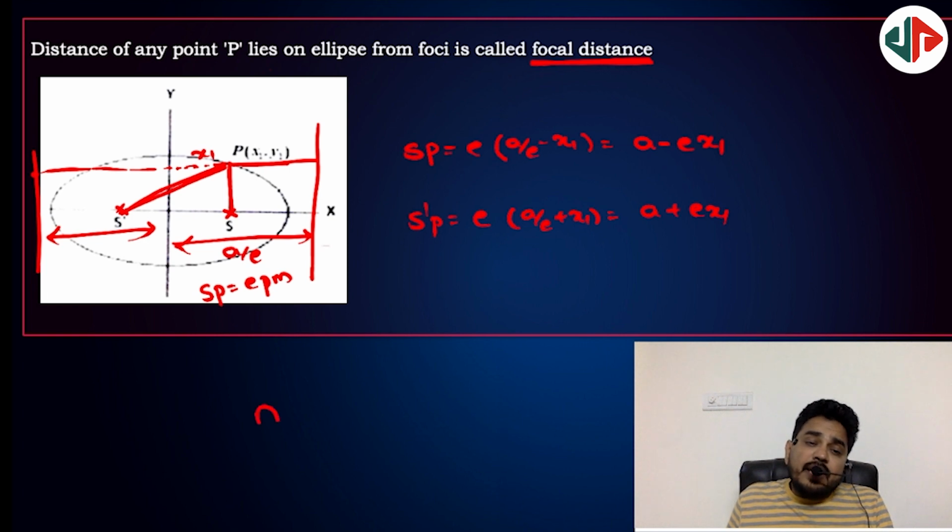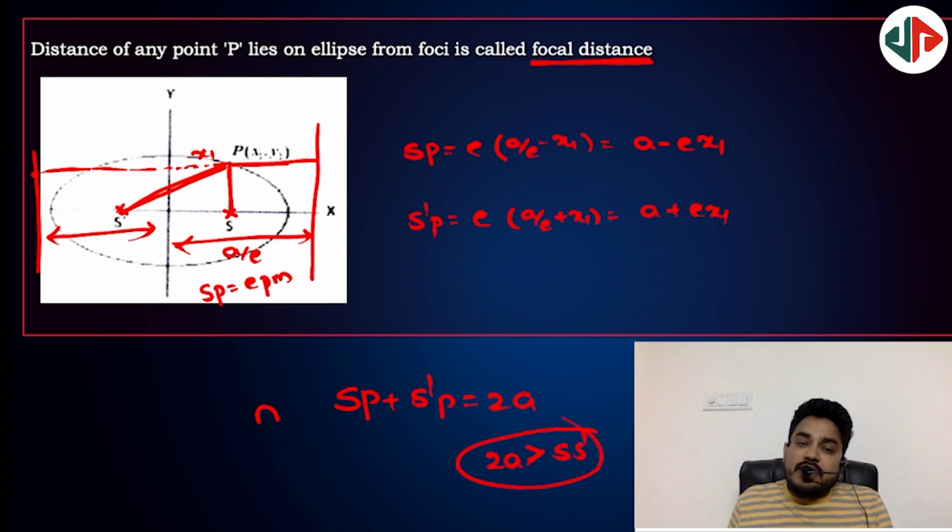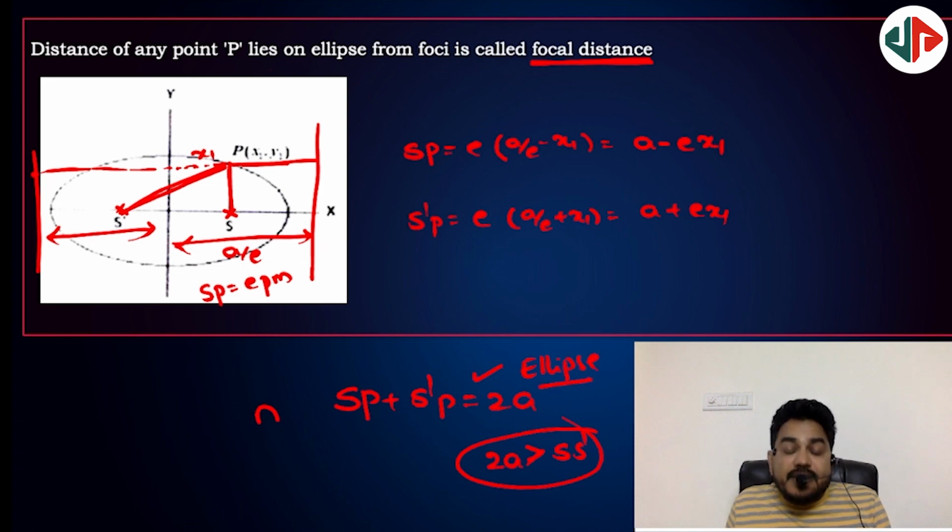So that's why SP plus S prime P is equal to 2A, and if 2A is greater than SS dash, the locus is going to be the ellipse.